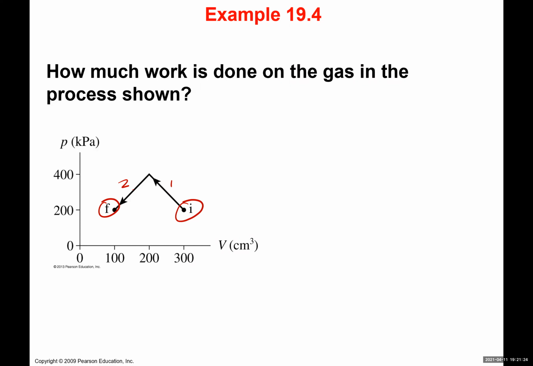But one thing we know is P initial, which is 200 kilopascal.